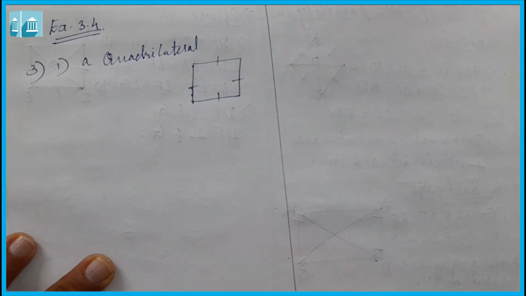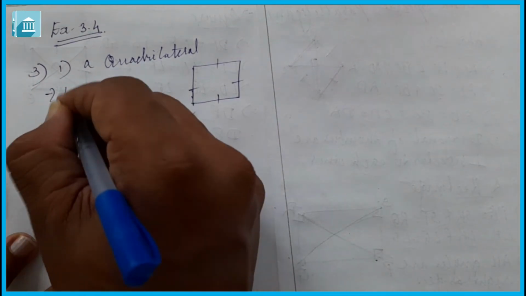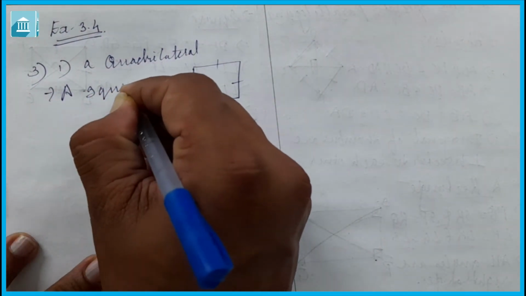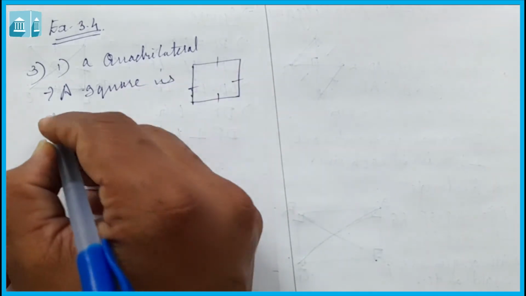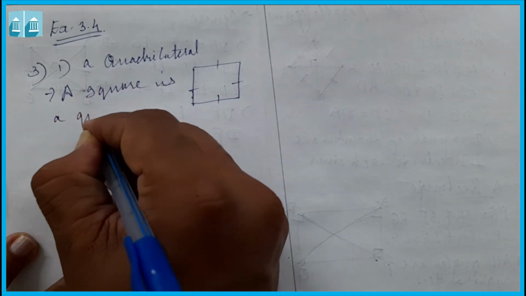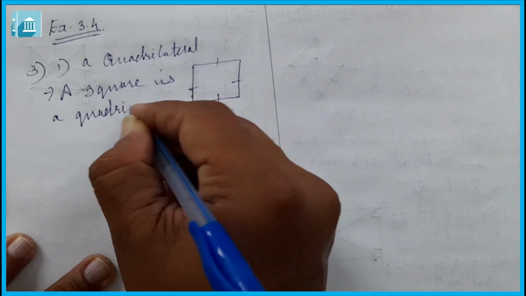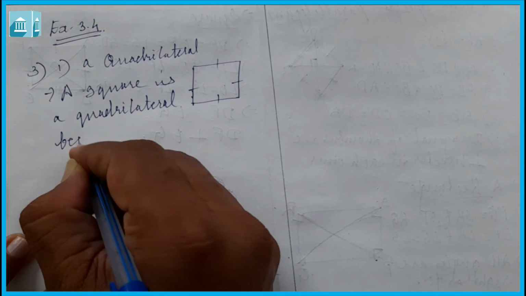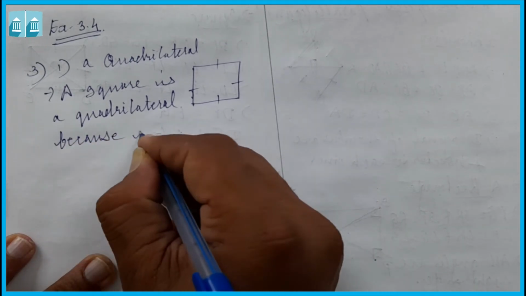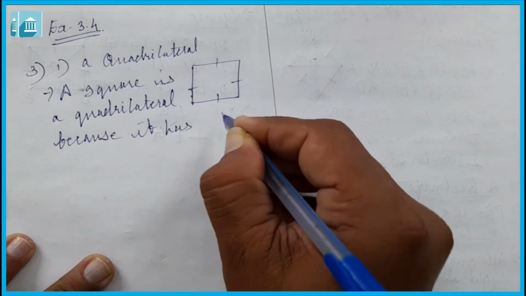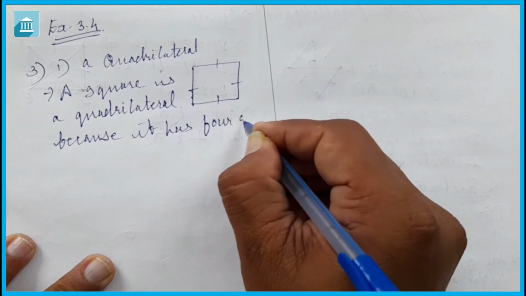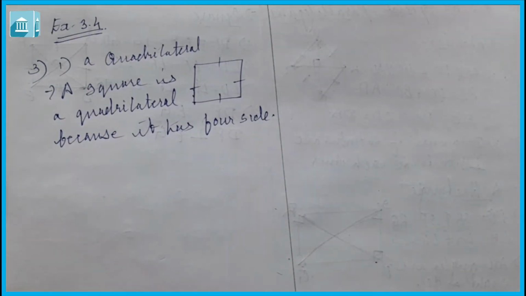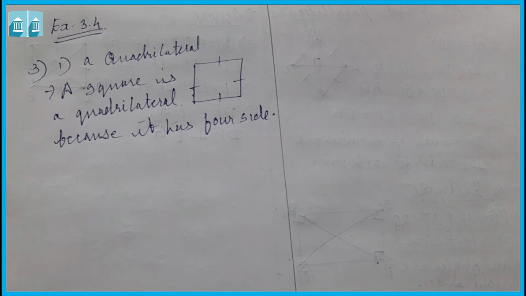So we can say that a square is a quadrilateral because it has 4 sides, or we can say that it is made up of 4 sides. That is why it is also a quadrilateral.